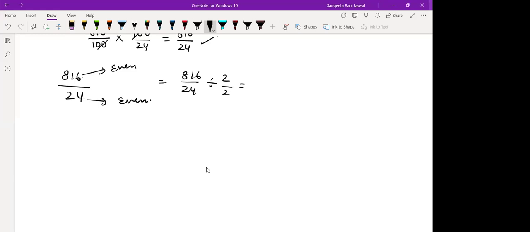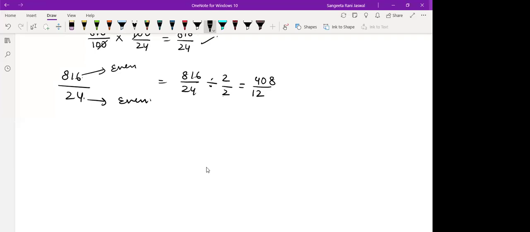When I divide by 2, I get 12 here. 2 into 12 is 24. Then 816 divided by 2 will give me 2 4s are 8, 0, 2 8s are 16. Understood this much part?